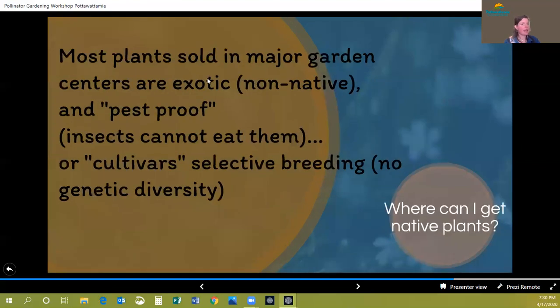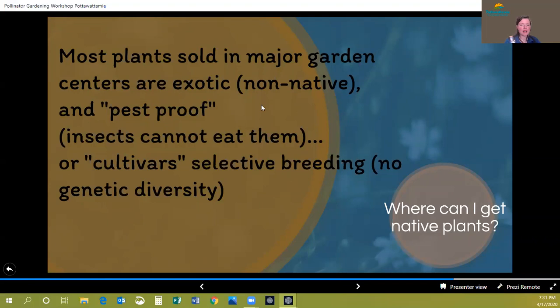All right, now I said all these ways of how we start it, but where the heck do we get this stuff, right? If you go to a big box nursery or garden center, and I actually called and talked to some of these places when I was making this list, asking them if they actually had native plants, mostly what they have is exotic non-native plants, annuals from Europe, from Japan, and these pest-proof varieties.